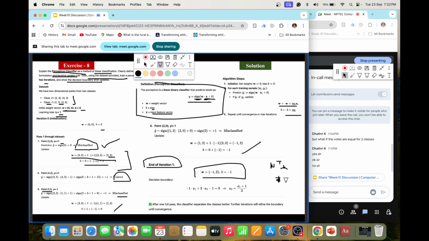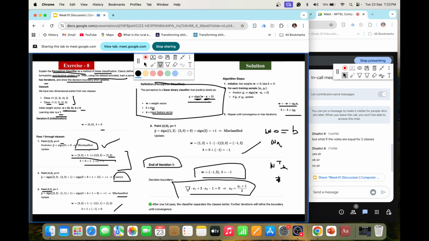Our w is from w0 to wn, not w1 to wn, and w0 is nothing but our bias. So don't forget this. Wtx means our w is from w0 to wn, which is why we again add the bias to it. So this is our ultimate decision boundary, that is, wtx equal to 0.